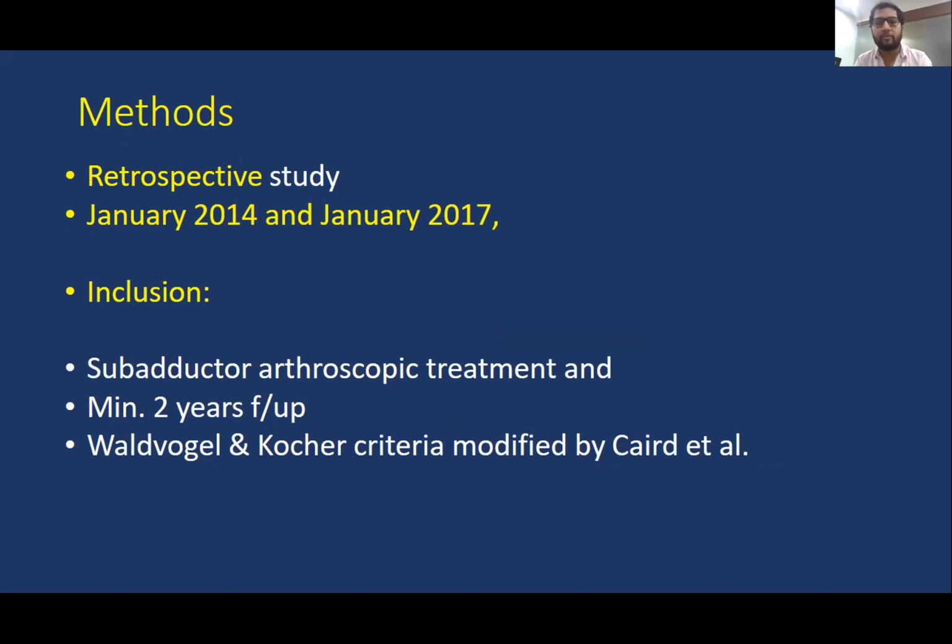So this was a retrospective study carried out from 2014 to 2017. And they included all cases where arthroscopic treatment was done for the pediatric hip. At least 2 years of follow-up of children was present, and they included patients who were positive for Kocher's criteria, which was modified by Caird.